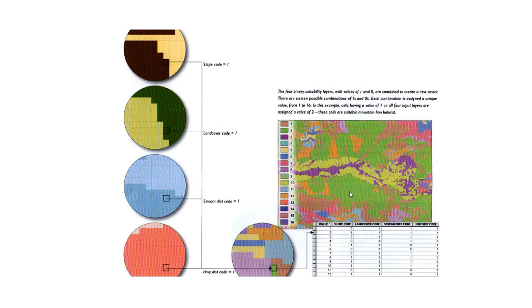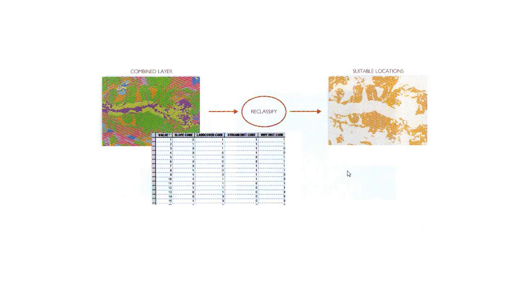In this case it's going to be the green. We can see the green right there, and it looks like green is number 2. That's the value, that's what we're looking for. And we can simply reclassify that final result to say 2s are now 1 for our suitability and everything else is a 0. So we get a Boolean suitable location, and that's kind of what we're after.